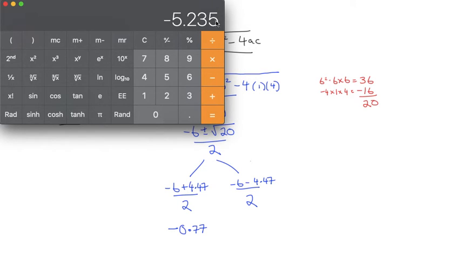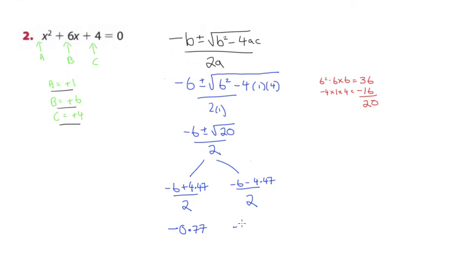And again, the 5 rounds up, so that 3 becomes a 4. So it's minus 5.24. And I am just going to draw a line under both of those in red and make it really clear that these are our 2 answers.